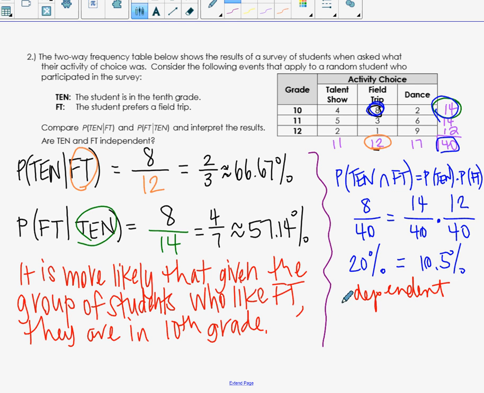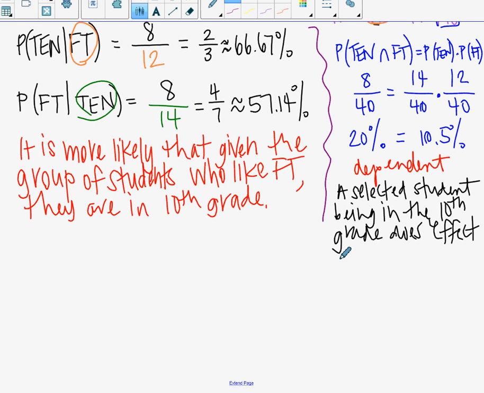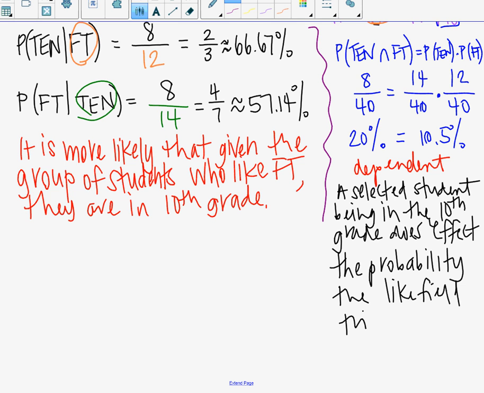So you can say, let's see, a selected student being in the 12th grade, I'm sorry, 10th grade, does affect the probability that they like field trips. Sorry about my terrible handwriting, but you guys get the point.